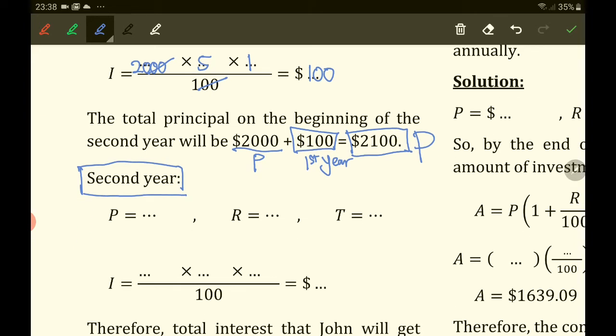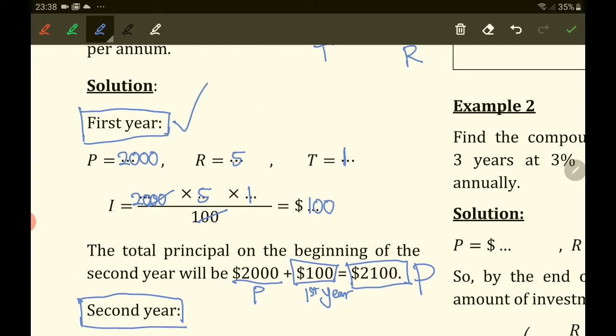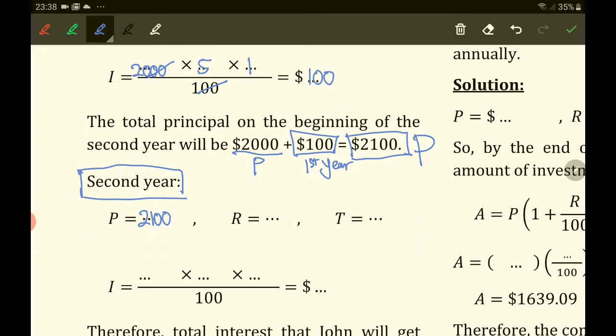So now the principal becomes 2,100. The rate is still the same, 5%, so we write 5. And be careful, the time is 1, because we are looking at per year. We already calculated the first year, and now we calculate the second year, so the time is still equal to 1.